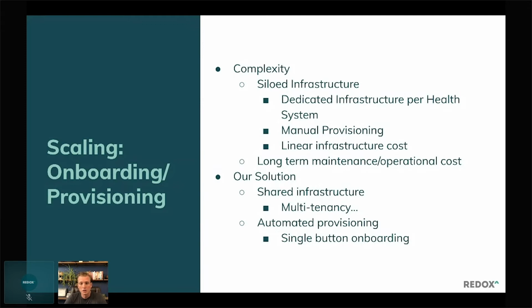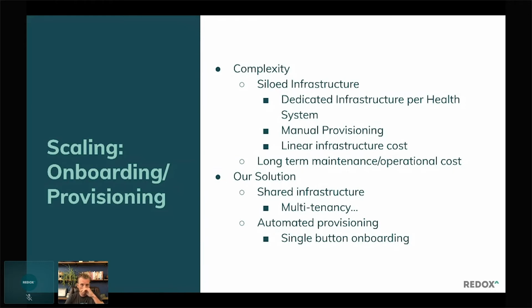So our solution was that we needed to share infrastructure. We had to get away from this idea of completely segregated infrastructure, but we needed to do it in a safe way. So we needed to introduce multi-tenancy and do it in a way that we could still guarantee segregated data across health systems. And then the other thing that we did was automated provisioning.